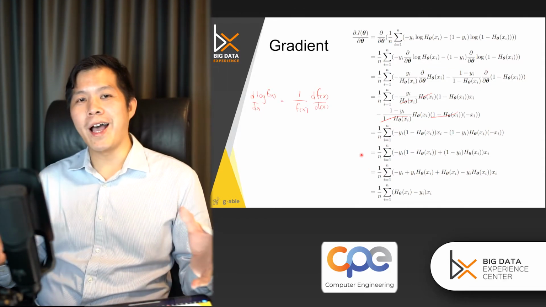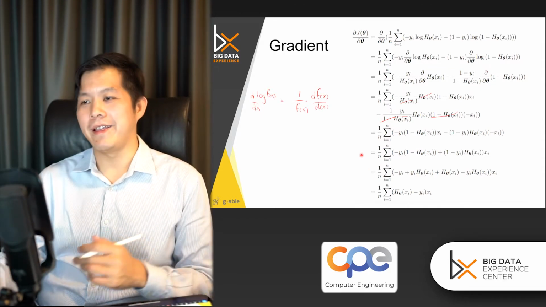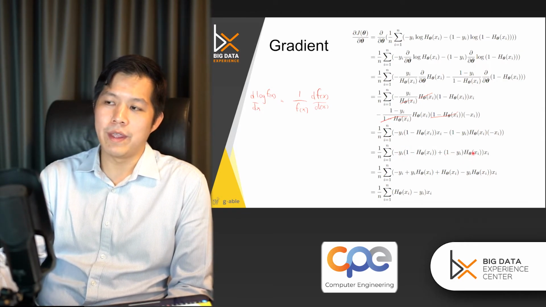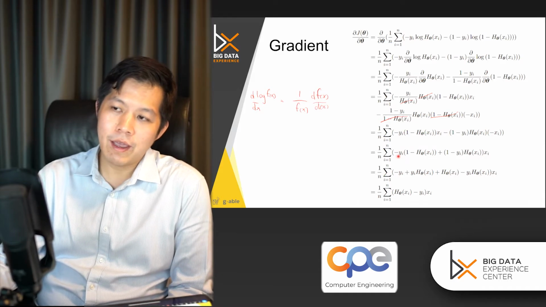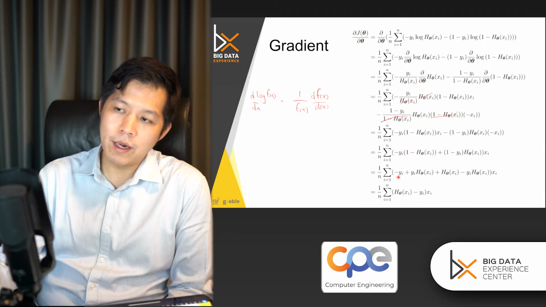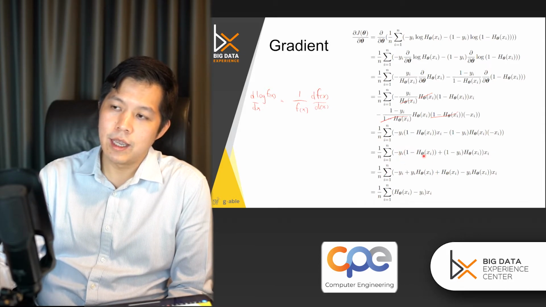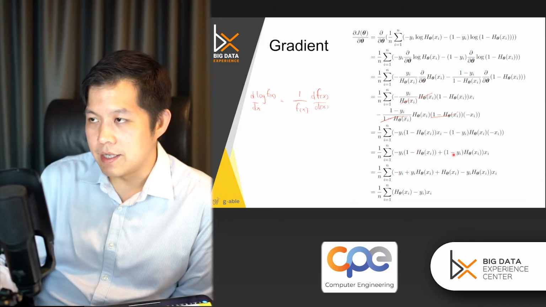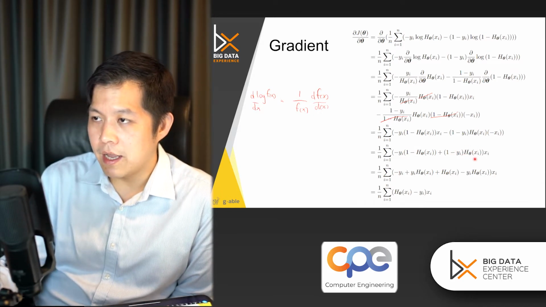Now, if you don't know how to summarize it further, just multiply things in. Multiply yi inside, multiply 1 minus yi with h theta xi. So here you have yi multiplied by 1, you get yi. Yi minus yi multiplied by minus h theta xi, you get yi h theta xi. And the second terms, h theta xi multiplied by 1, you get h theta xi.